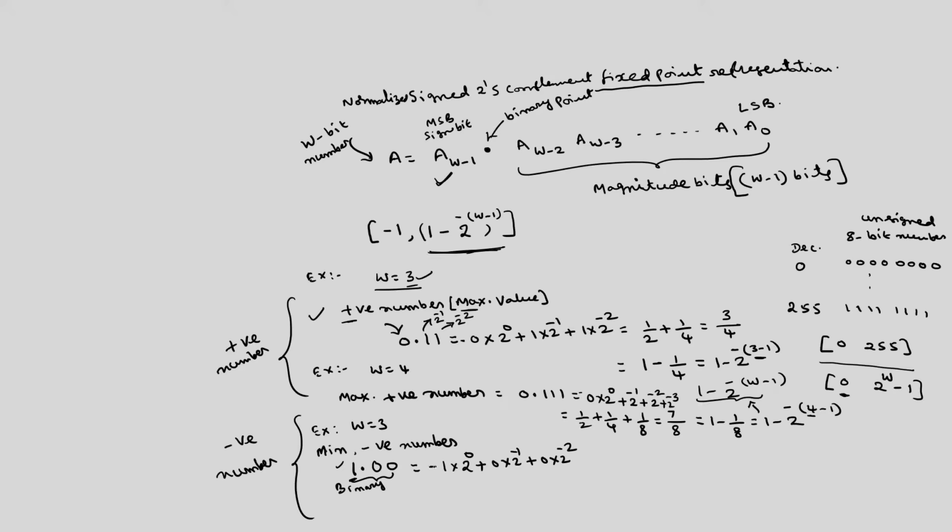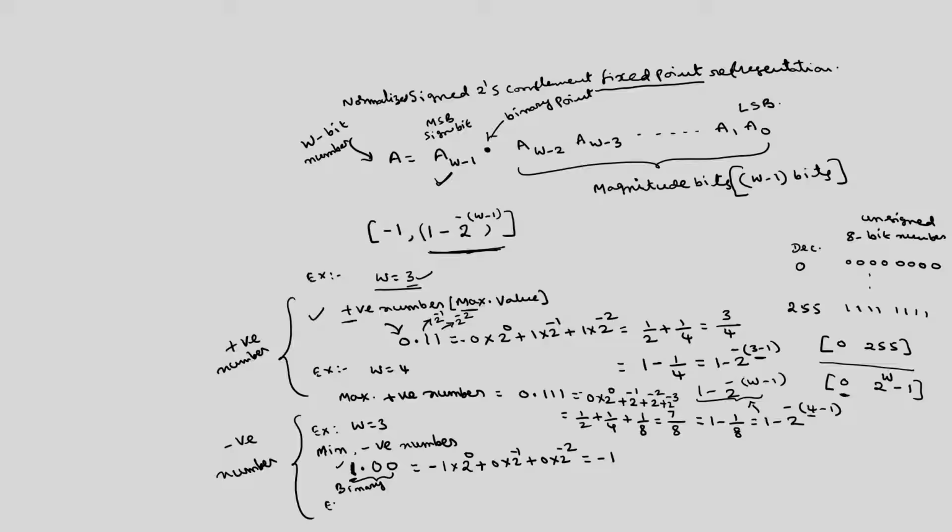Understand why this minus sign is there: because this value is negative. To get the negative value, if this bit is 1, you will get minus 1 as a result. If this bit is 0, even with the minus you will get 0 only, because the result is positive. So, the overall value is minus 1.